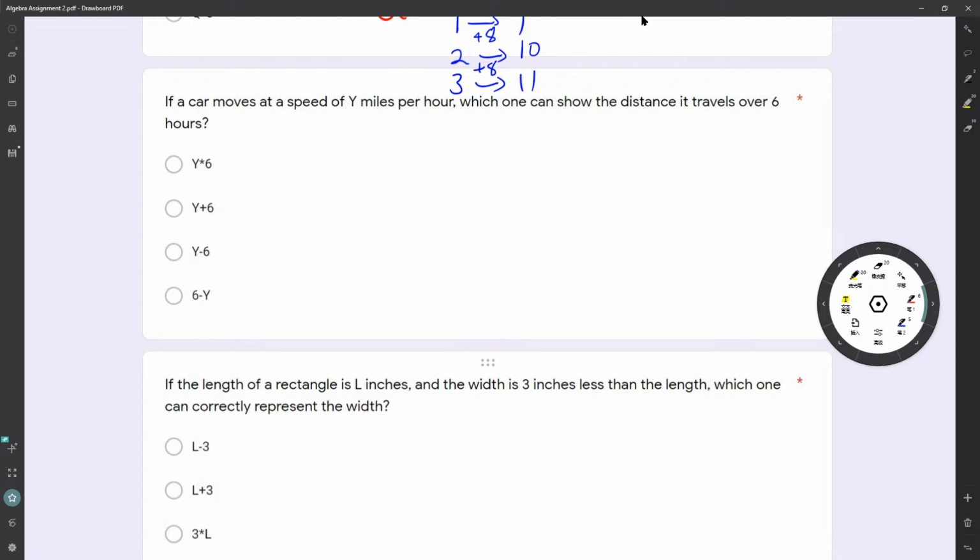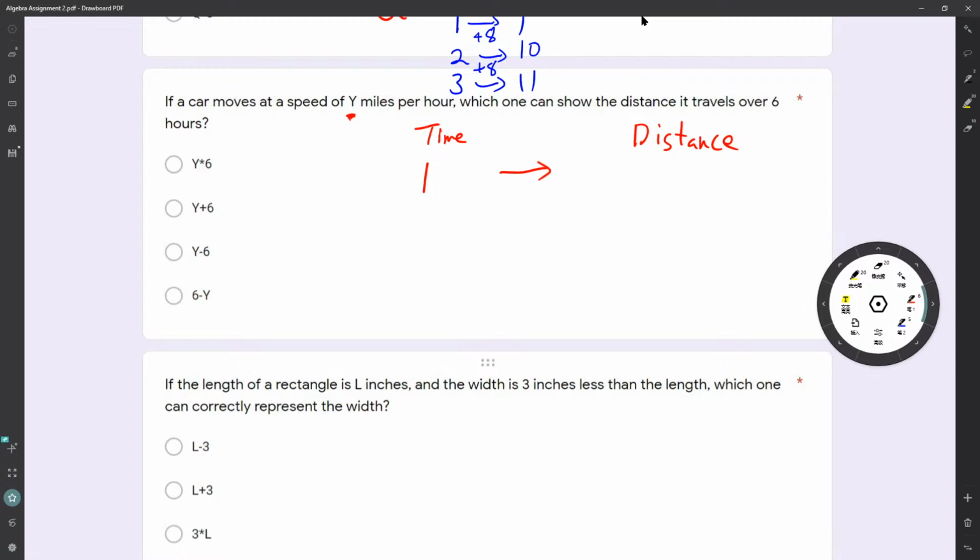So let's say for 1 hour, how many miles? This is time. This is distance, right? Okay, let's write it down. For 1 hour, what is the distance? The distance will be y, right? We don't know how much that is, but we know it's y miles per hour.